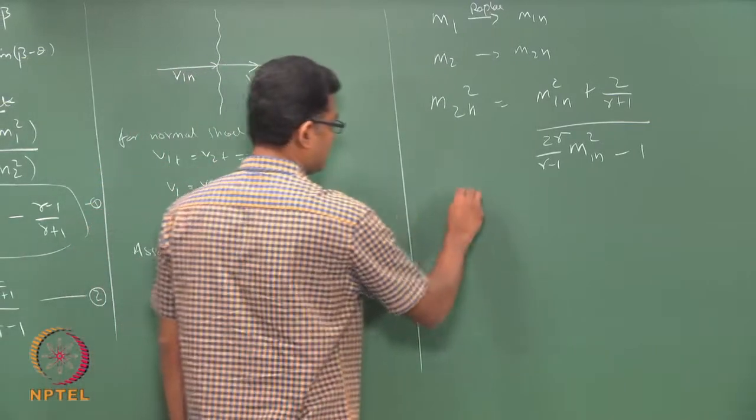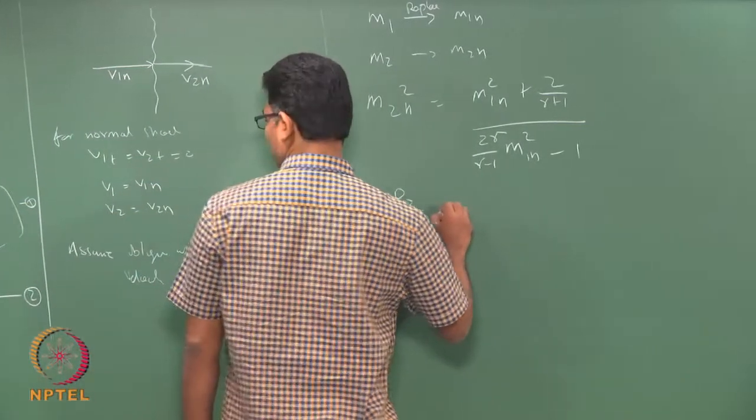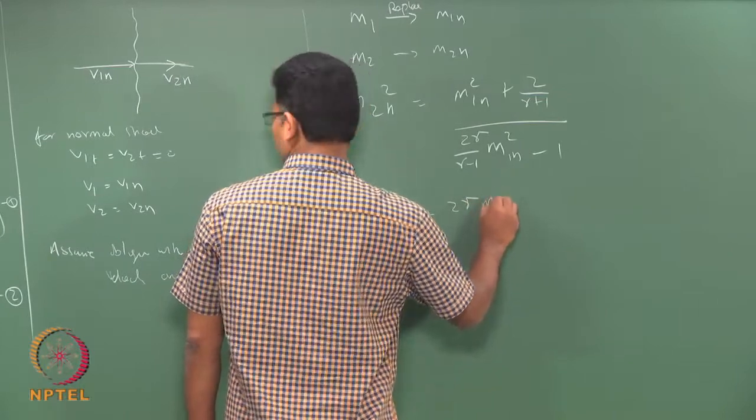Okay. Likewise, my P2 by P1 also can be related to my normal component.